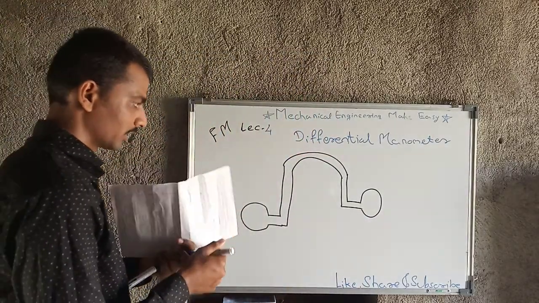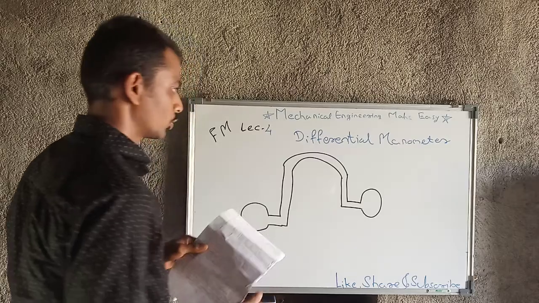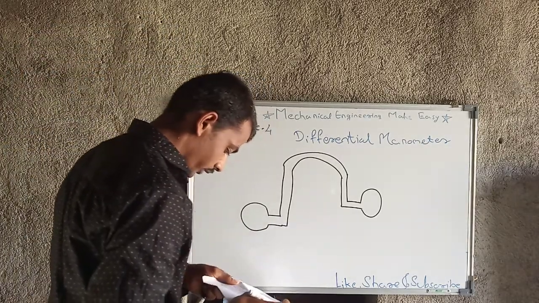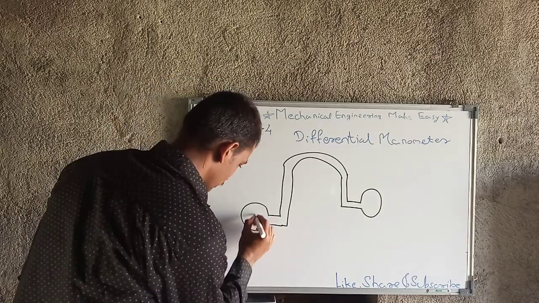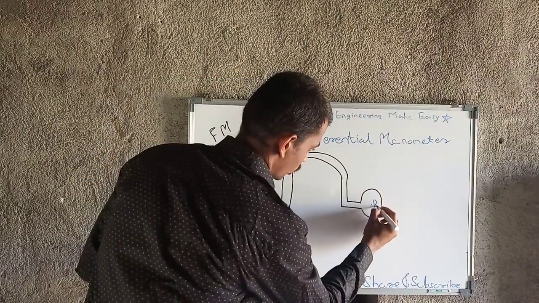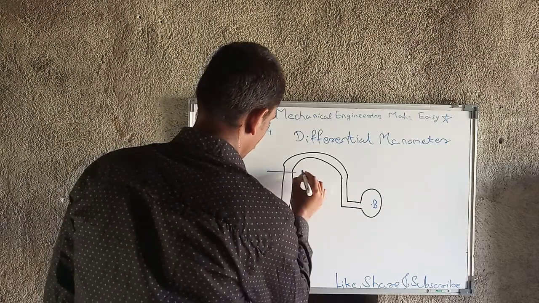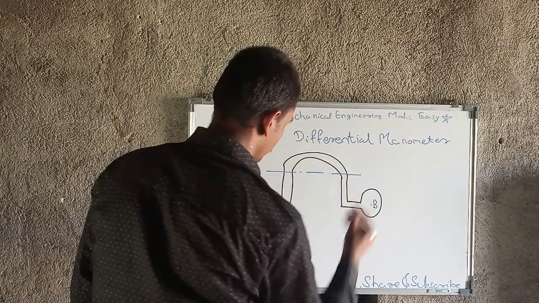So if that is the case, it is called an inverted U-tube differential manometer. Okay, so in this what happens, this is point A, this is point B, and this is the section.